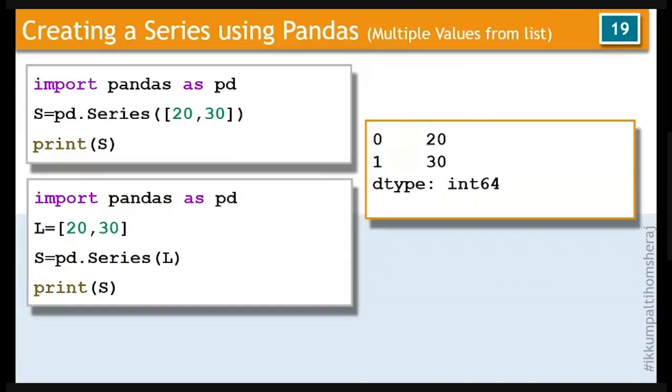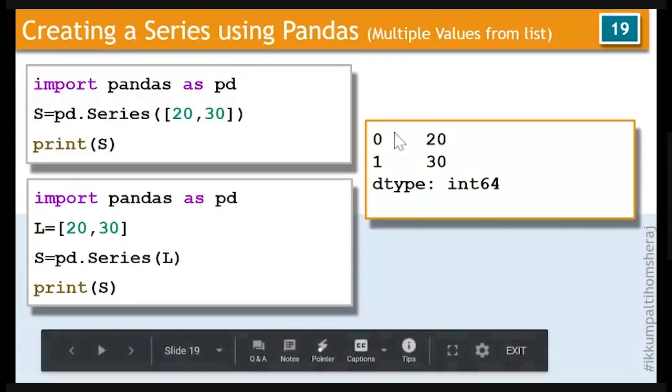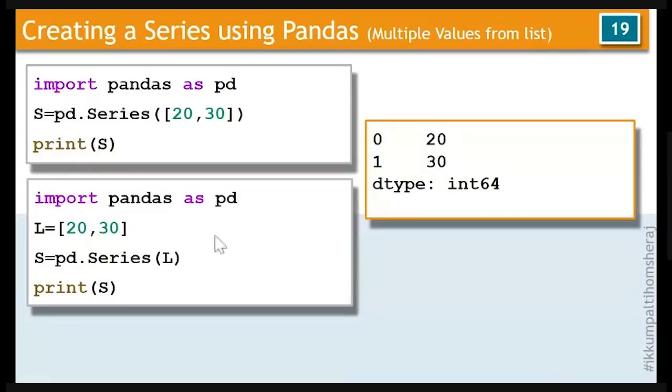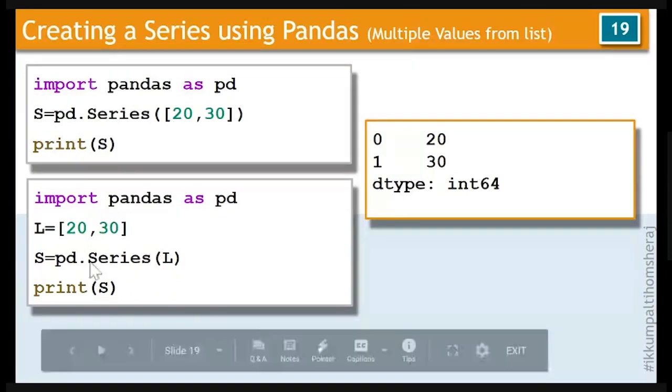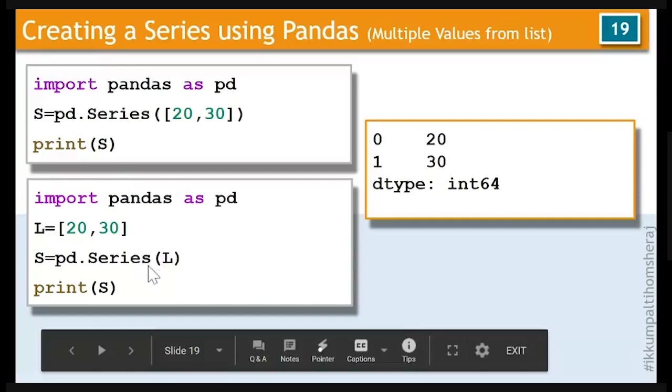Okay. In the next example, you can see instead of a tuple, we have a list, converting it into a series. You can see 0 and 1 are the indexes and 20 and 30 are the values stored inside this Pandas Series. In the next example, instead of having this list as a constant, we can store it in a variable and make use of the variable.